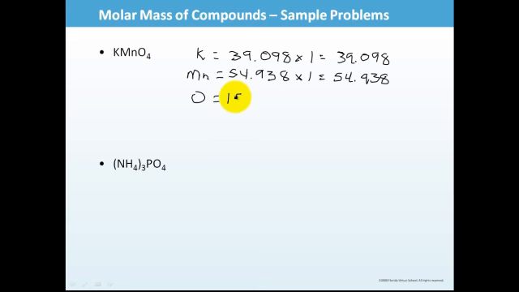Looking at the table, oxygen has a mass of 15.999. In the formula KMnO4, we have 4 of them. So that gives us 63.996.